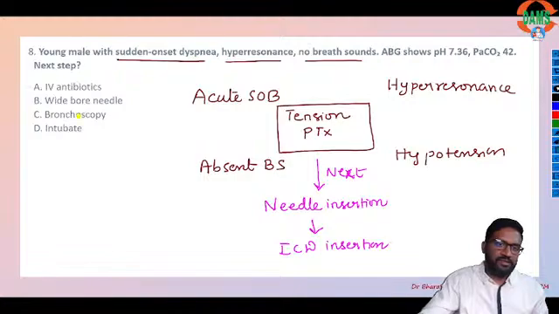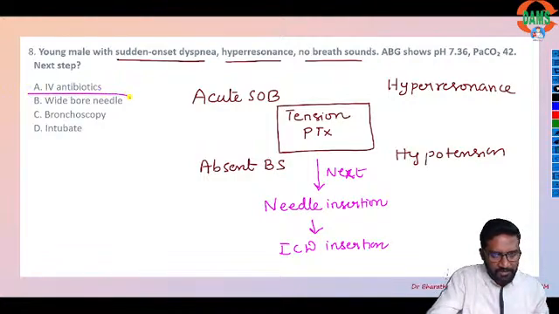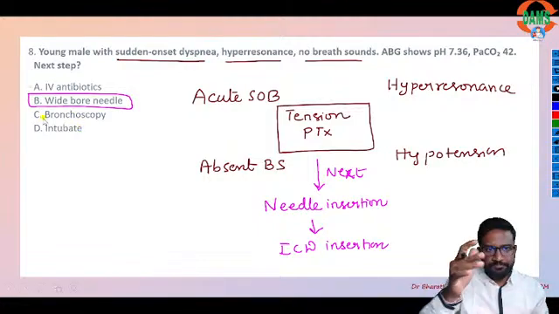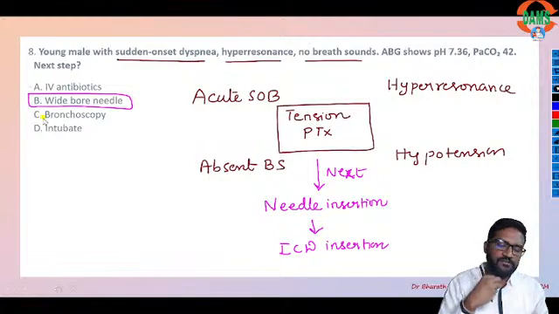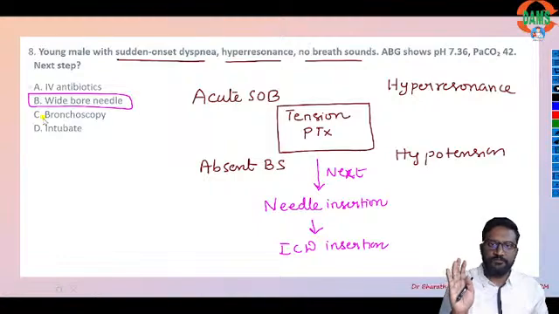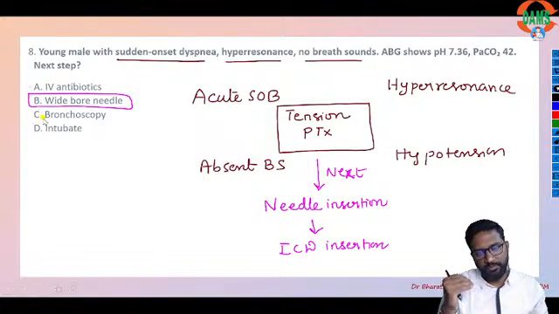So this is a tension pneumothorax, wide bore needle. See, before doing bronchoscopy, you have to identify this as tension pneumothorax. Bronchoscopy, if there is some clot or some foreign body, it might be helpful in emergency. Here the emergency is tension pneumothorax. Intubation, if the patient is not improving, you may need to intubate.